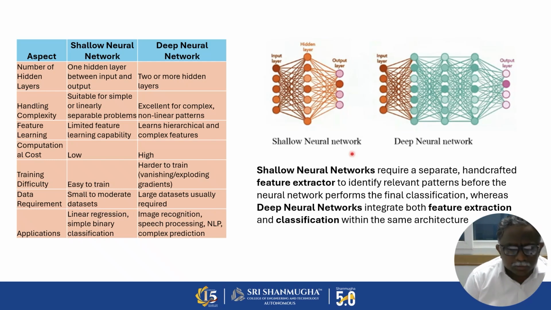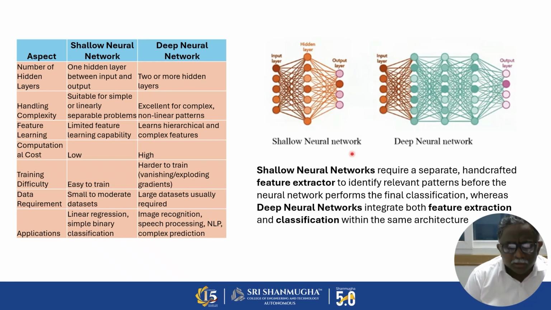The computational cost is also very high whenever you use a deep neural network. Since we use nonlinear activation functions, we may also expect vanishing and exploding gradient issues. So as a result, where can we use shallow and deep neural networks? A shallow neural network is basically used for linear regression and simple binary classification.